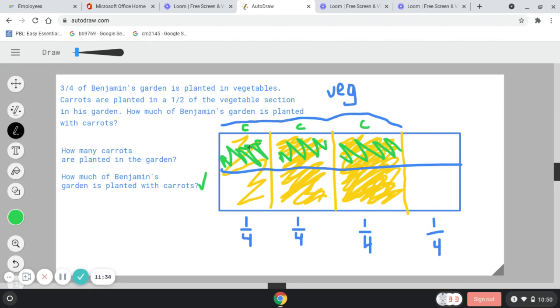So 3 of those parts have the carrots. In total, there are 8 parts altogether in the garden. Since there's 8 total parts, that is our denominator, because the denominator represents the total amount of equal parts in the whole. And the numerator represents the parts that we have. In this case, it's 3/8.